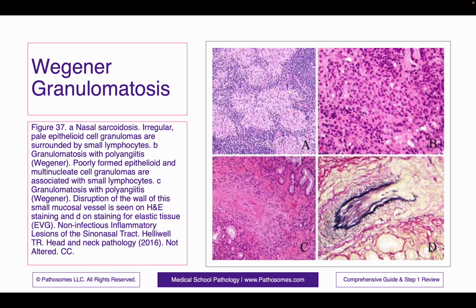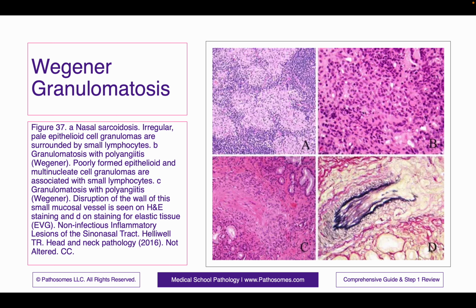In this image, we have nasal involvement. We also have granulomatosis with polyangiitis involving this tissue. We also have disruption of the wall, small mucosal vessels.